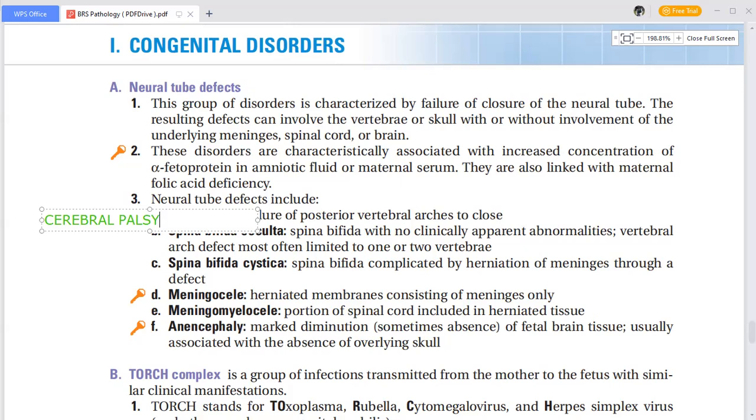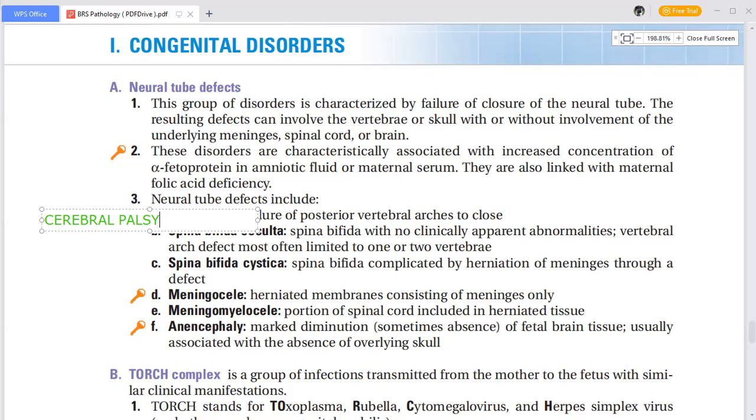Prematurity is the major risk factor, meaning the baby is born before maturity, maybe because the mother delivered at a very tender age or before term. Maybe the mother delivered the baby before 32 weeks. That is called premature, because for the baby to be fully mature, it has to reach 32 weeks.